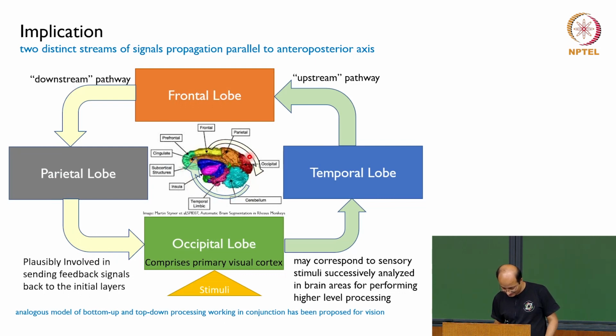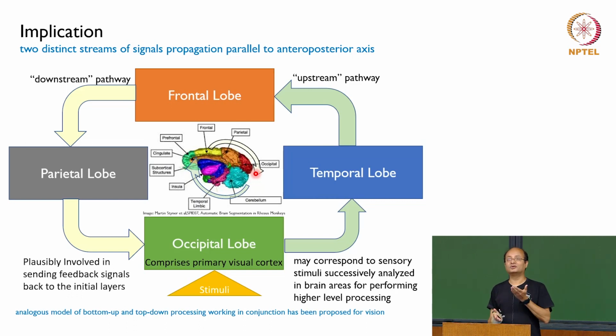Frontal, parietal, occipital. And this is actually very similar to this model of bottom up and top down processing working in conjunction, which has been proposed for vision and which has been tried to be implemented in many models of computer vision. When you see a picture out in the world, the network essentially tries to process it, but it also has to give back feedback all the time to the top layers.